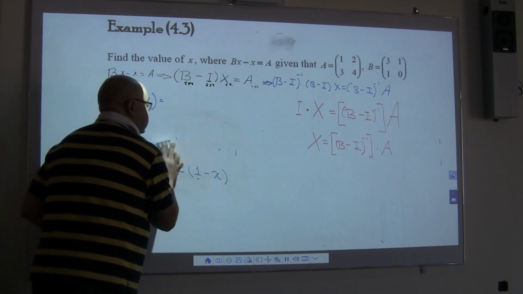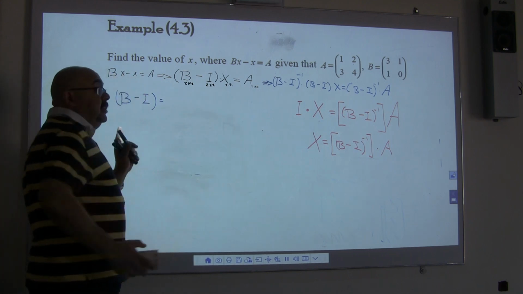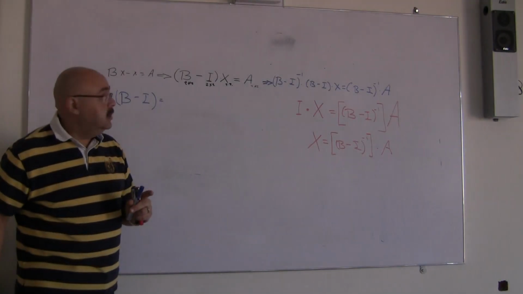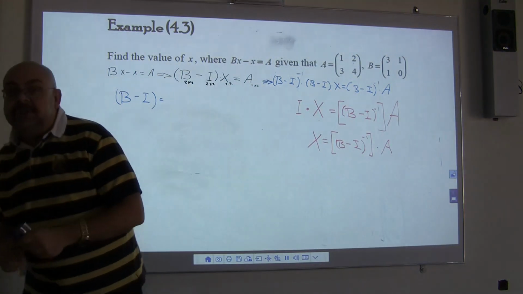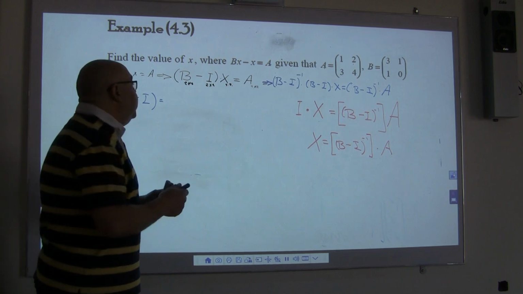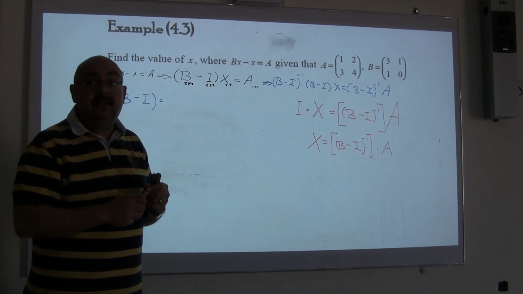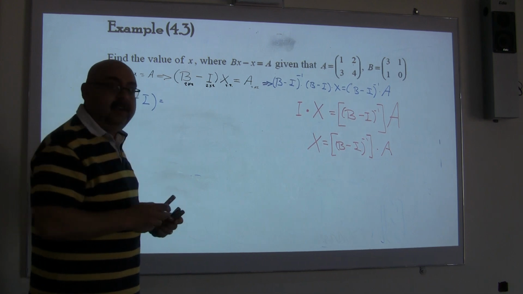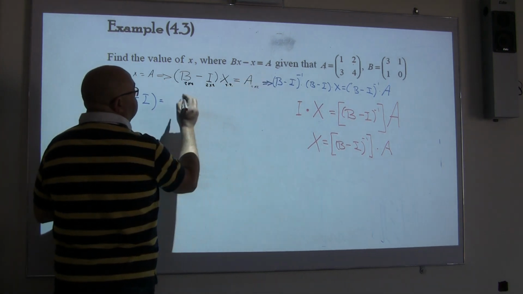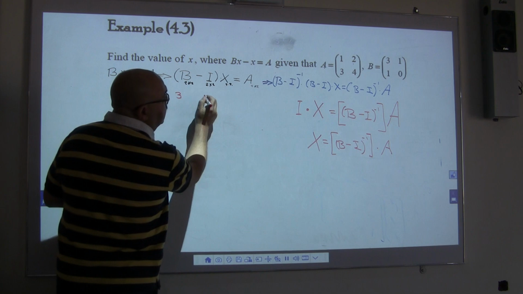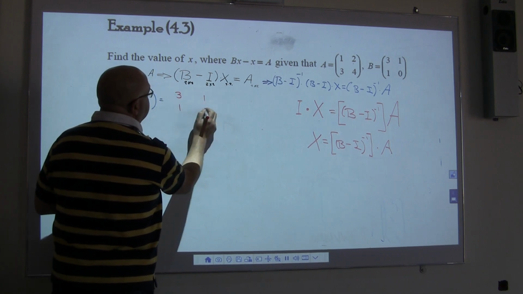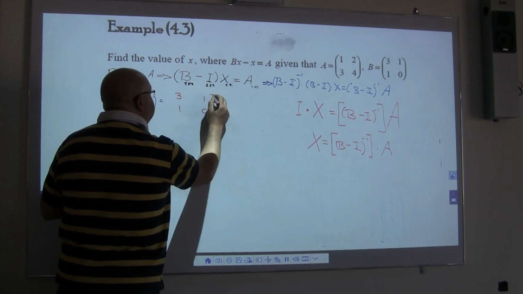I need first to get the new matrix, which is B minus I. How to get it? So I will get the B matrix, which is 3, 1, 1, 0. This is the B matrix.